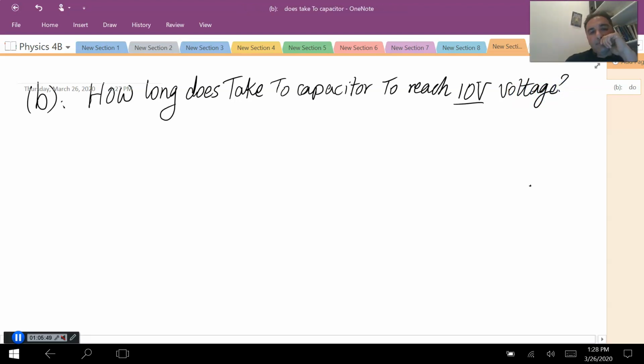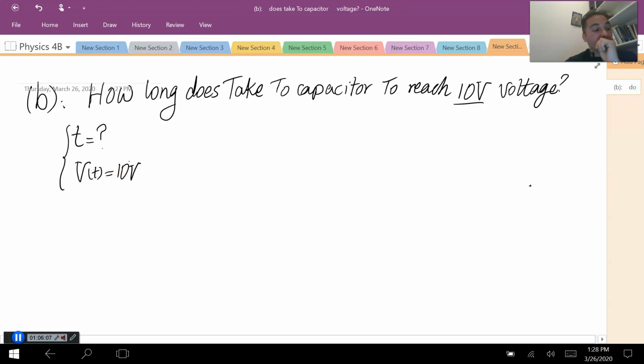Let's find the time. You know what that means? That means this is how many seconds later the voltage of the capacitor is 10 volt.